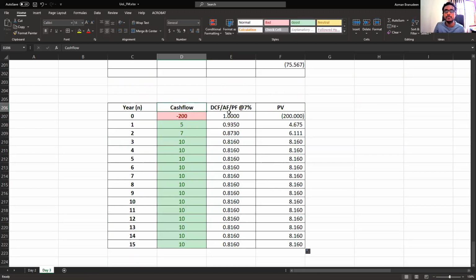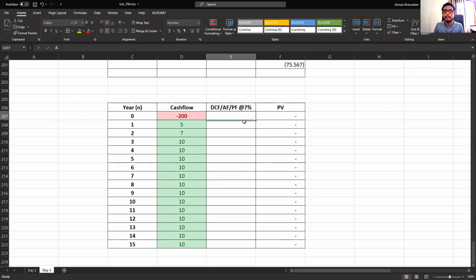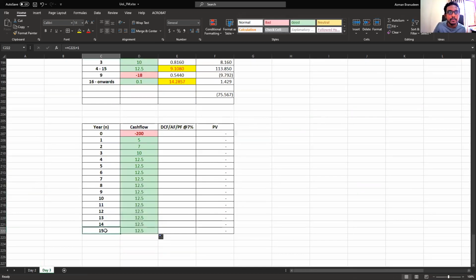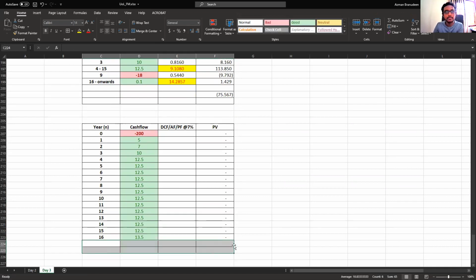Okay, cash flow. Now what I'm going to do is I'm going to calculate 5, 7, 10, 12.5. Right. Here 16.